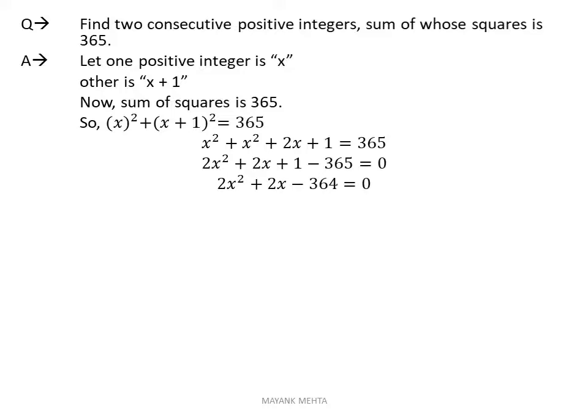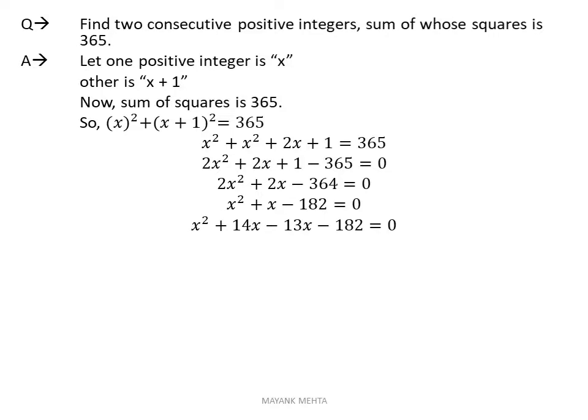If you simplify further, you will get 2x square plus 2x minus 364 is equal to 0. You can see this whole equation can be divided by 2, so you will divide the whole equation by 2. You will get x square plus x minus 182 is equal to 0. Now you will do the splitting of the middle term. You need to find factors of 182 such that their difference is 1. So 14 13s are 182.